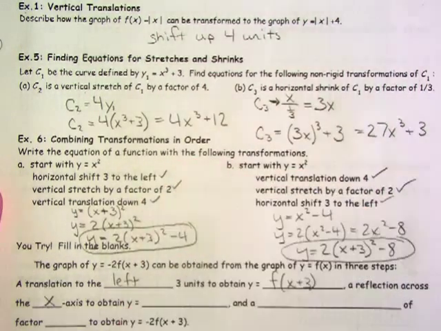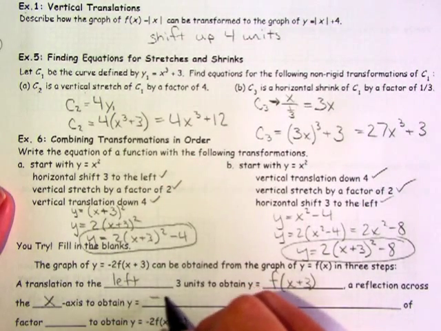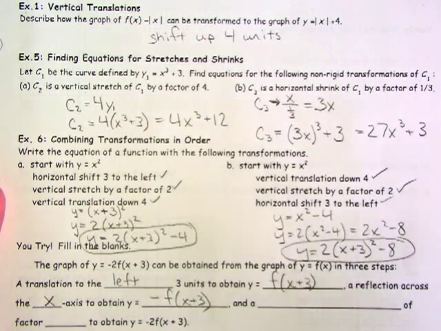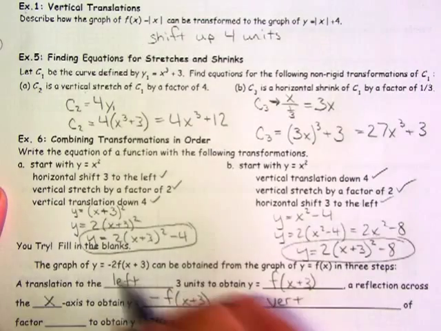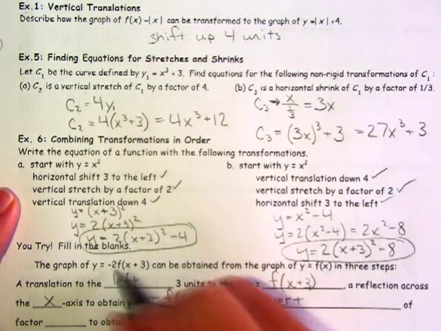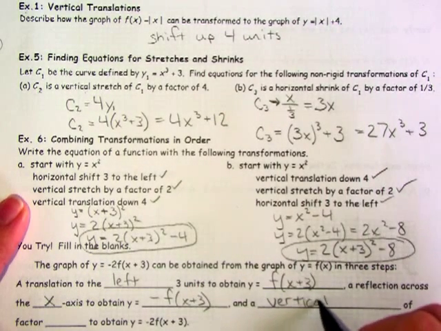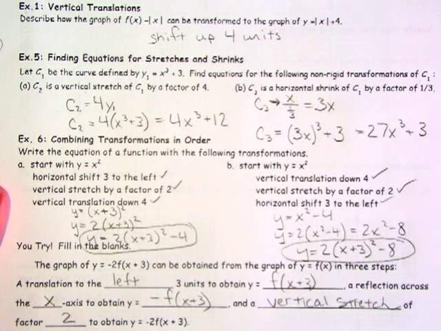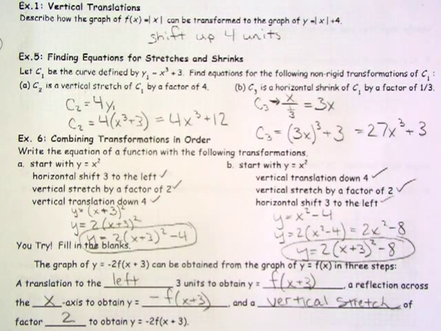Okay, to obtain negative f of x plus 3. And then last, we have a vertical, multiplying that 2 is applied to the whole function. So vertical multiplying by 2 is a stretch by a factor of 2 to obtain our negative 2 times the f of x plus 3.